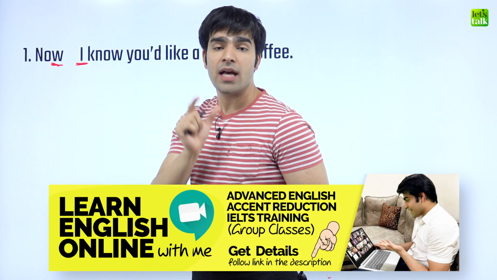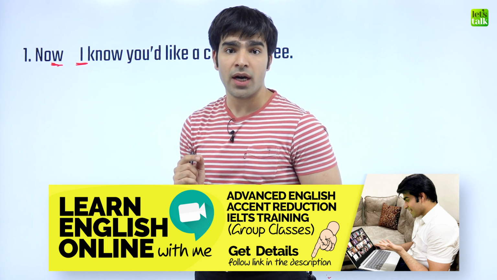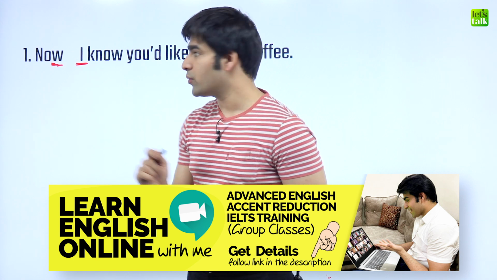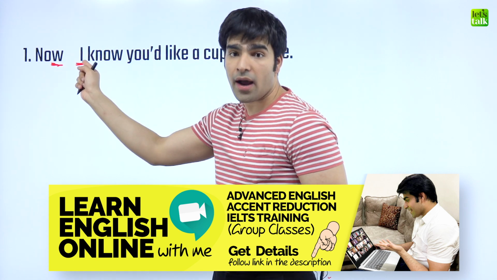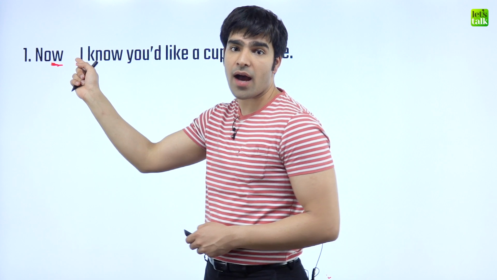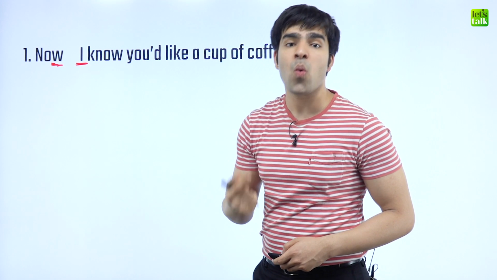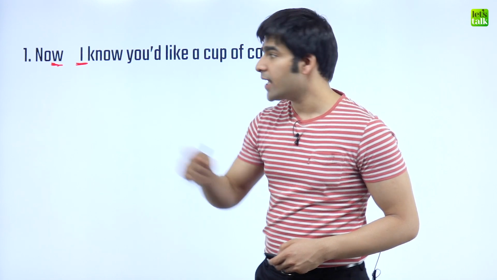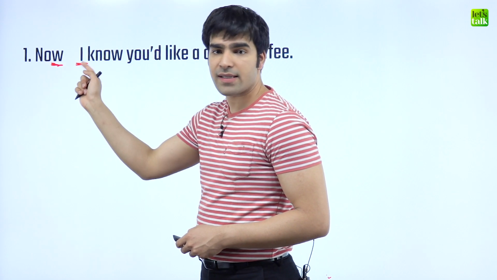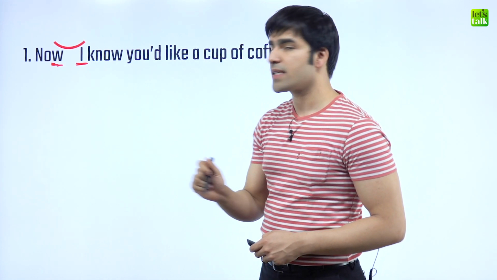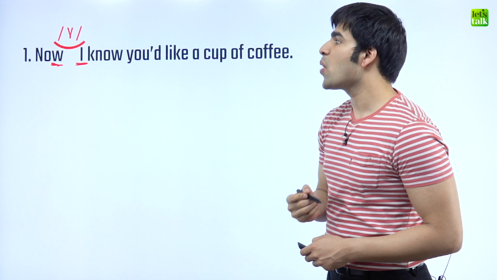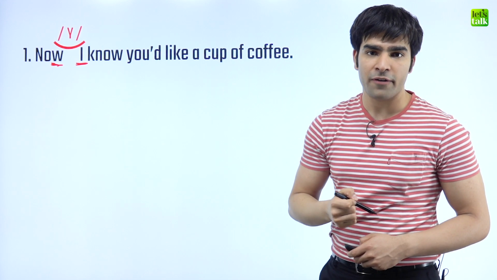We are talking about the sound, the last sound of the word "now", the oo sound, and the next word is starting with I. It is now-wy, the oo-y sound, and the sound that it produces is the Y sound. And it says, now I know you'd like a cup of coffee.